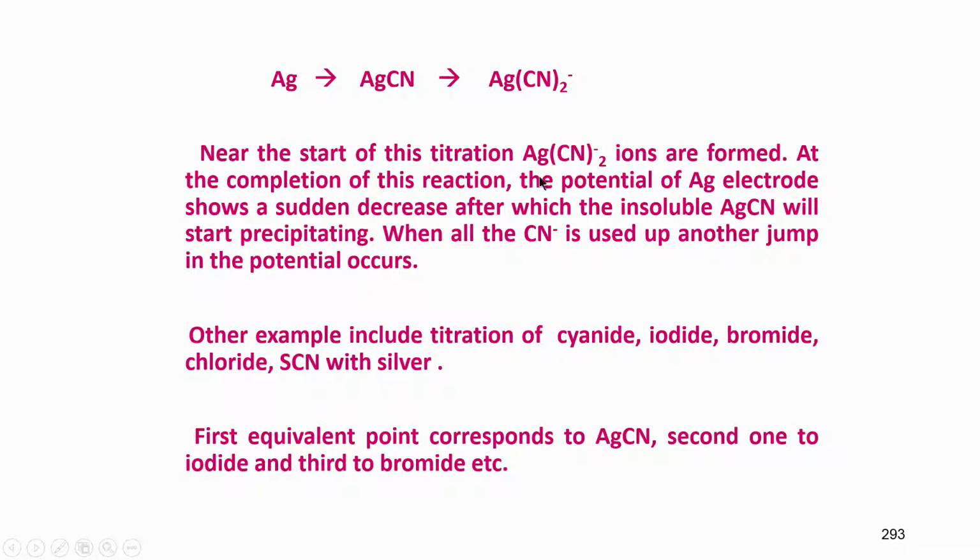Why? Because we are taking cyanide in the beaker, and we are going to add silver from the top. Normally, we do the silver cyanide titration taking cyanide in the bottom conical flask and adding silver from the top, so that we do not waste silver solution.